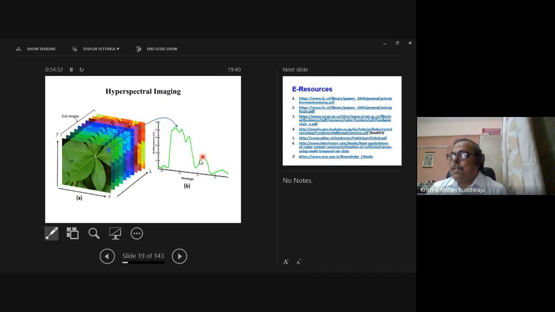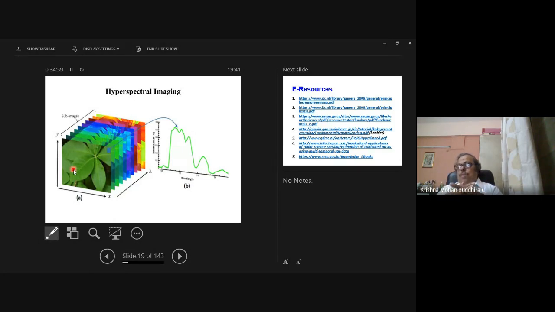So with hyperspectral images, when you want to apply your machine learning and image processing algorithms, the challenge here is the dimensionality of the data. Each pixel is associated with hundreds of features. So what kind of algorithms do you use?